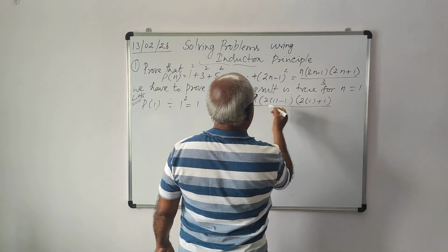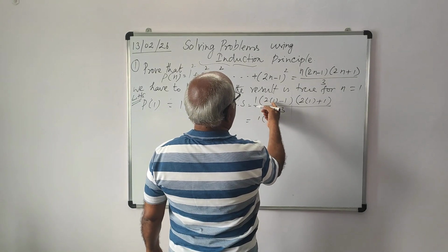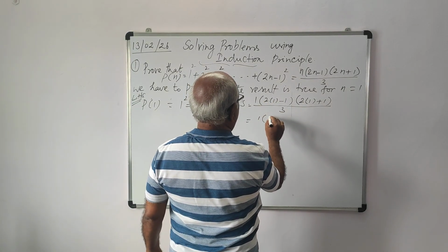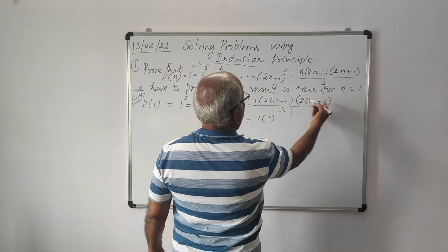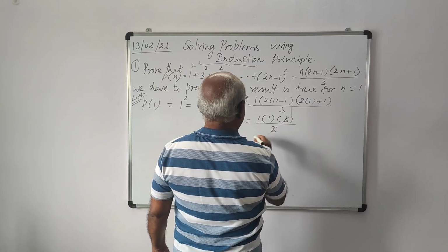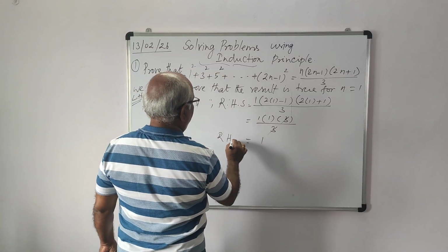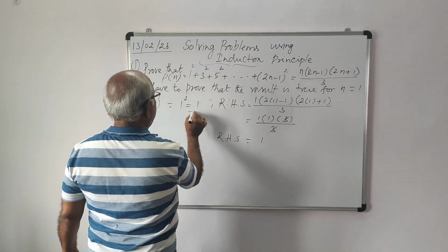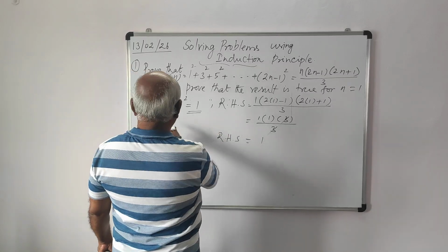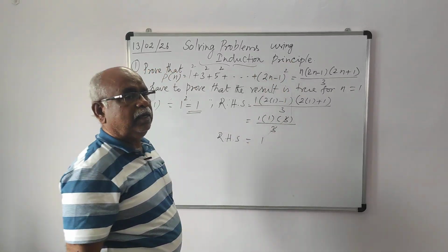That is equal to 1 into (2 into 1 is 2, 2 minus 1 is 1), then 2 into 1 is 2, 2 plus 1 is 3. By 3, the 3 cancels. You will get 1 into 1 is 1. So right hand side is also 1. Left hand side is 1, right hand side is also 1. LHS equals RHS. Therefore the result is true for n equal to 1.